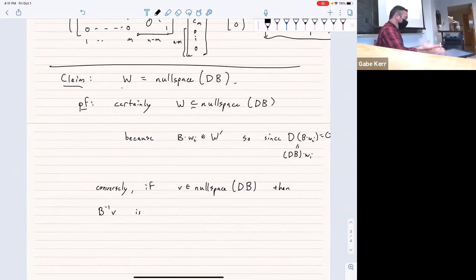I've got an inverse, which is this is A. But is in the null space of D, which equals W prime.